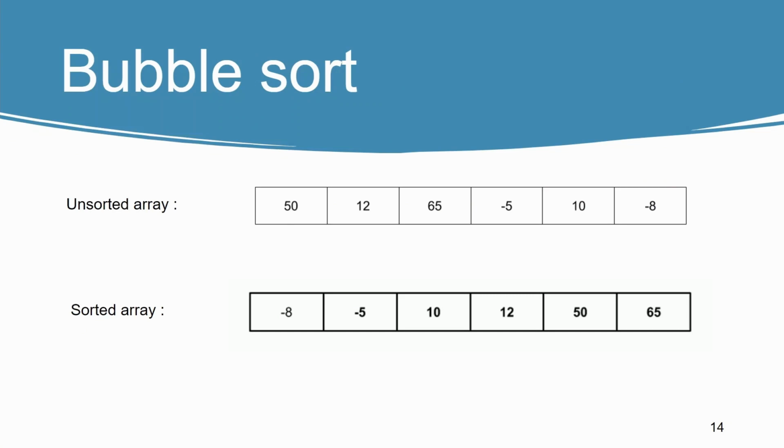As we saw earlier, each element was compared with the adjacent element, and if it was bigger it kept on being swapped. The final sorted array that we get is -8, -5, 10, 12, 50, and 65.